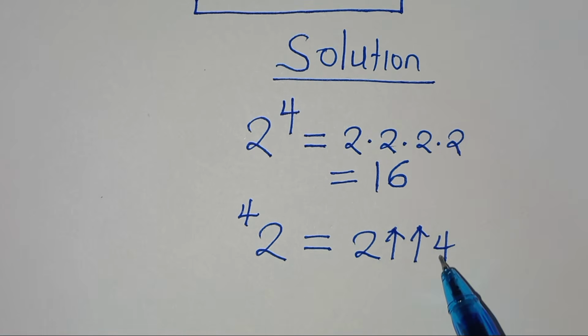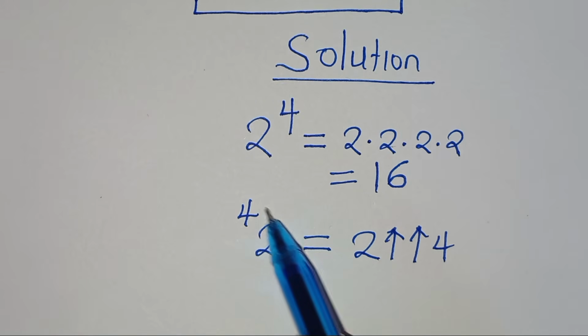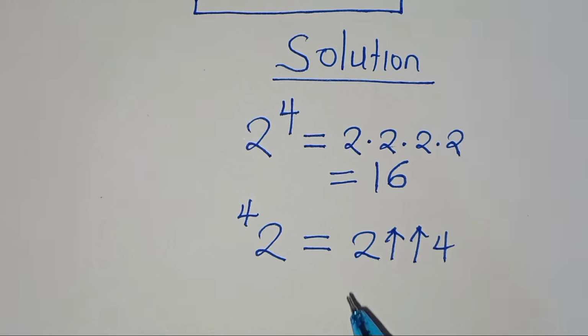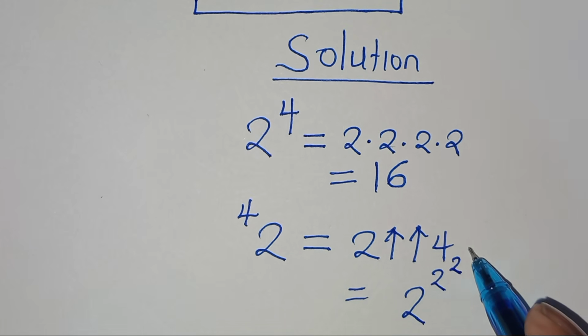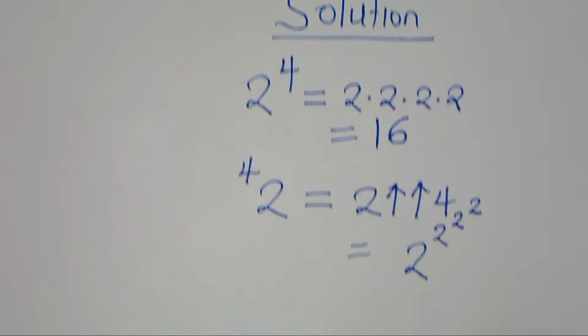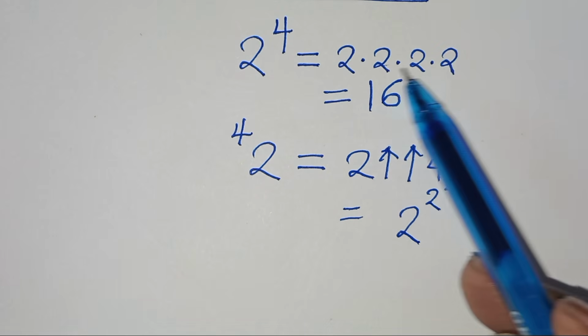So this means that the fourth tetration of 2, or 2 tetrated 4, is the same thing as 2 raised to the power of 2, raised to the power of 2, raised to the power of 2. So there's a big difference here.